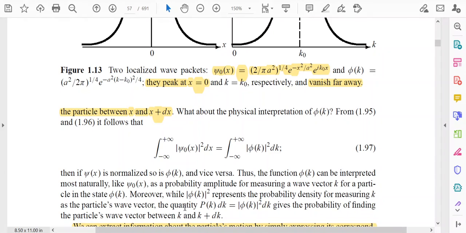The quantity p k dk, equal to phi k whole square dk, gives the probability of finding the particle's wave vector between k and k plus dk. So as psi 0 x and phi k are related, similar physical significance can also be given for phi k as we have described for psi x.